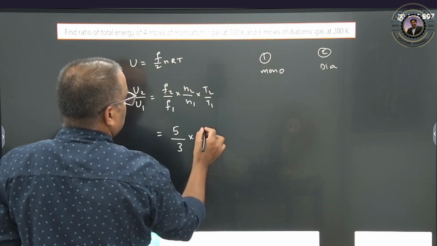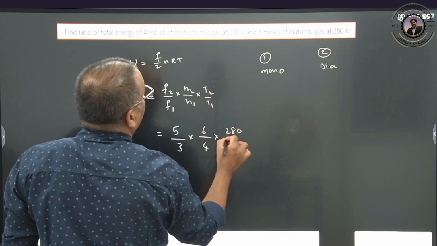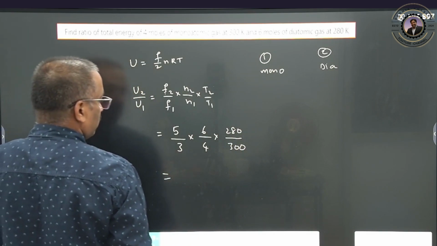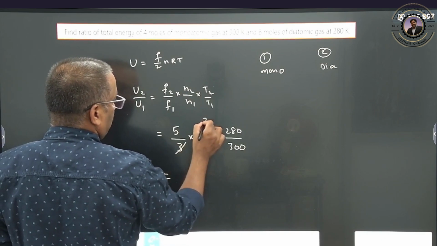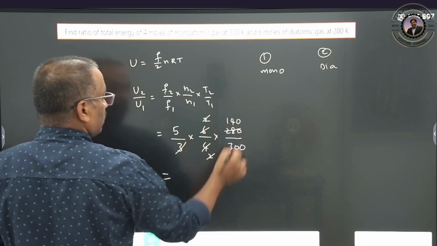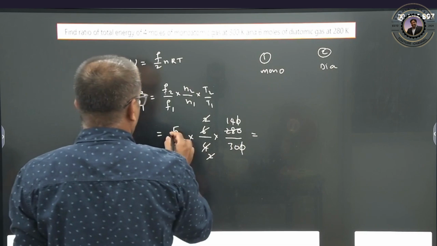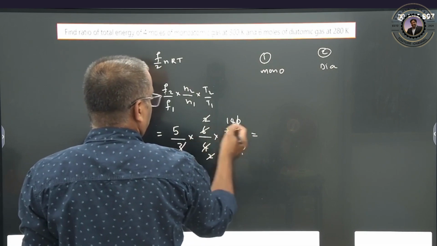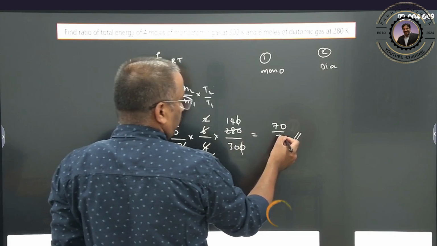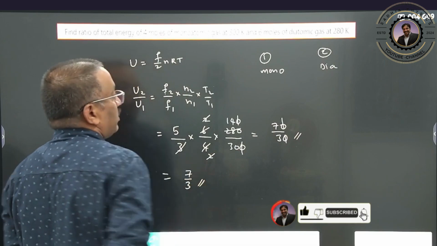Number of moles is 6 for one and 4 moles for the other, into T2 is 280 Kelvin by 300 Kelvin. Clear? So this is now, therefore here 5 4s are 20, 2 5s are 70 divided by 30. So take and cancel here. Therefore 7 by 3 will be your answer. Clear?